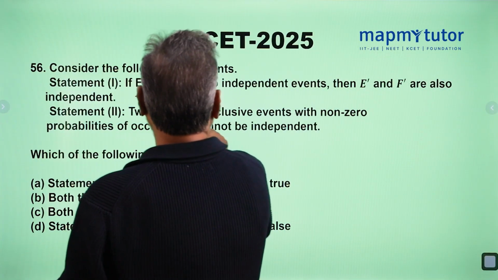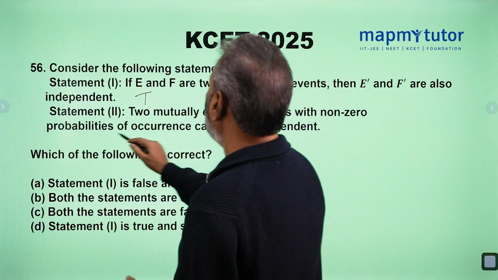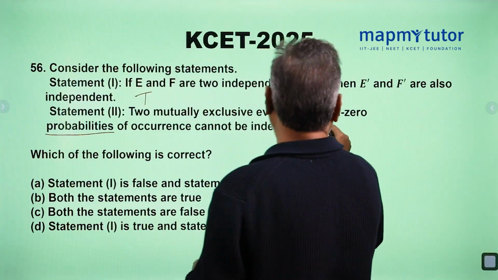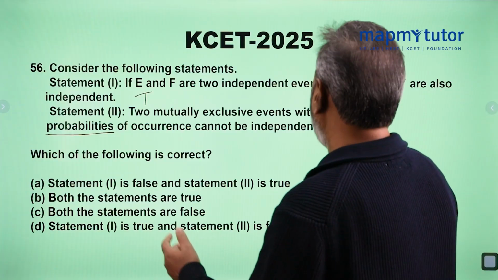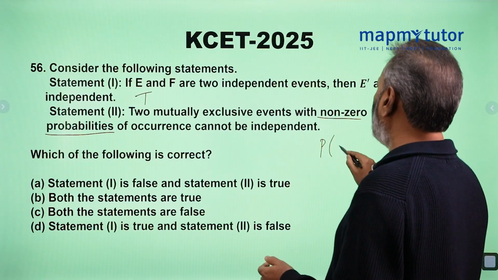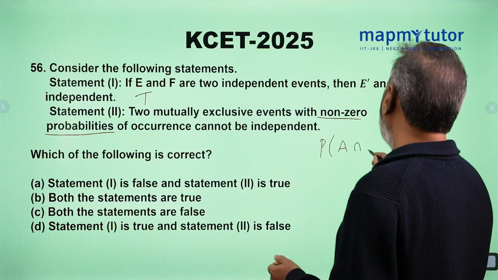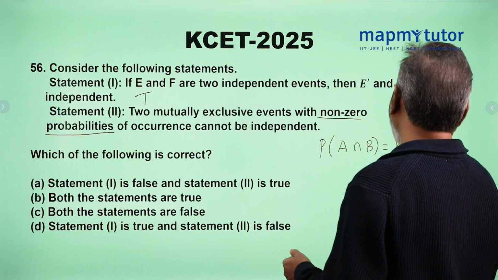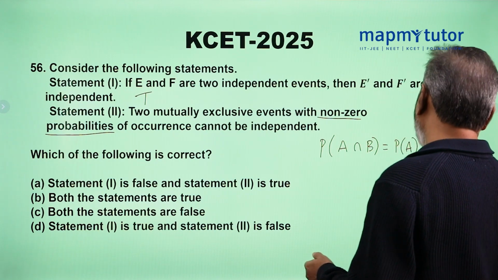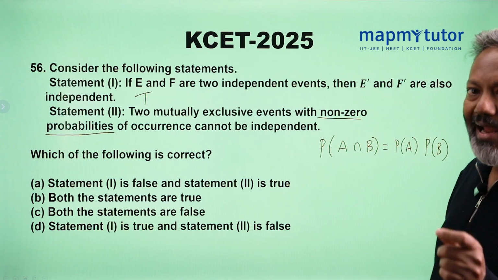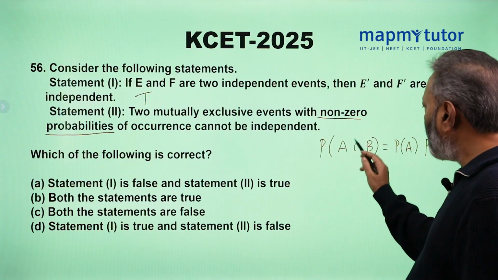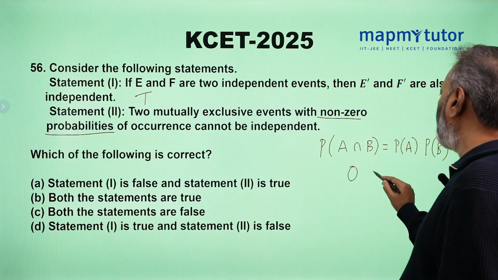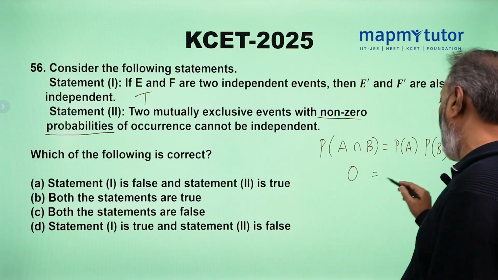Statement 2: Two mutually exclusive events with non-zero probabilities of occurrence can never be independent. What is the condition for independent events? P of A intersection B must be equal to P of A into P of B. This is the condition to call A and B independent. Suppose they are mutually exclusive, P of A intersection B is 0 because there are no common elements.